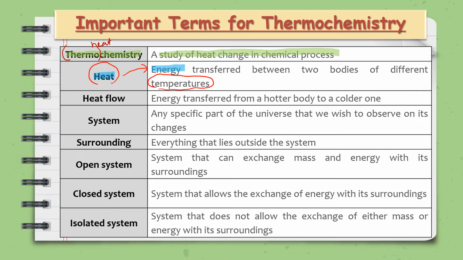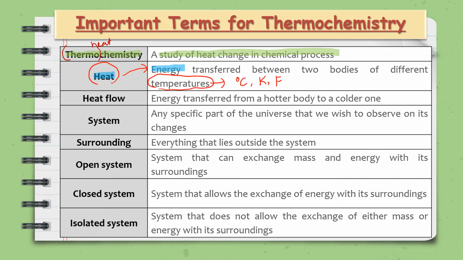What do you understand about temperature? You know, we have degrees Celsius, Kelvin, and some use Fahrenheit. It's a measurement, a value to show either the heat increase or decrease. So that is temperature. Do you get the difference between heat and temperature?